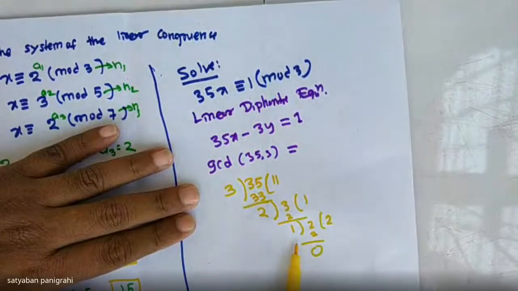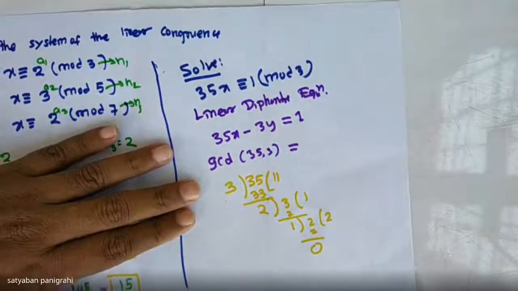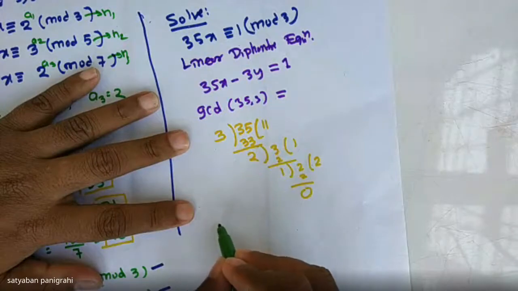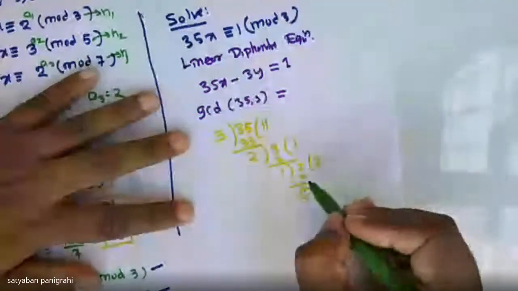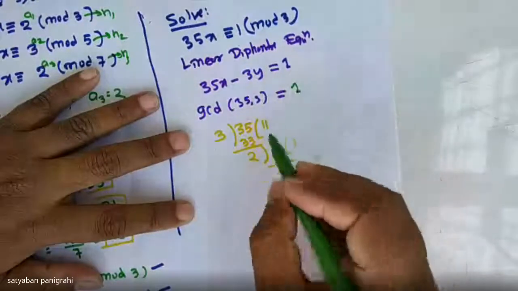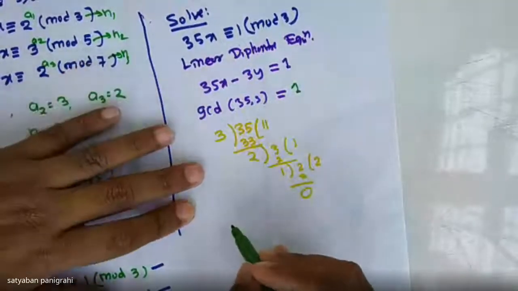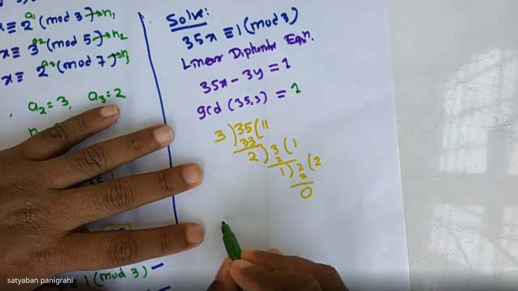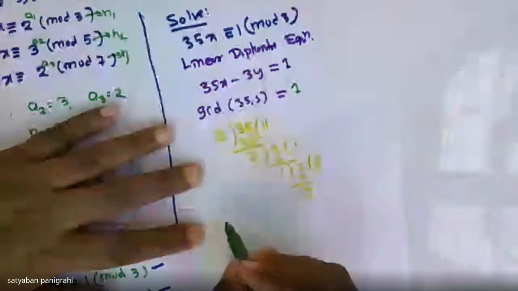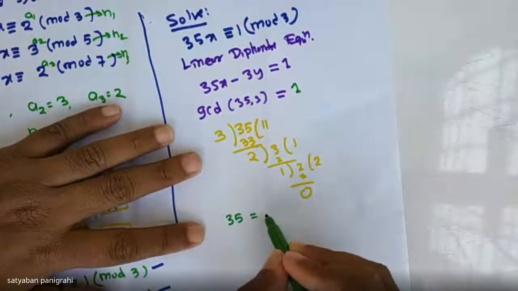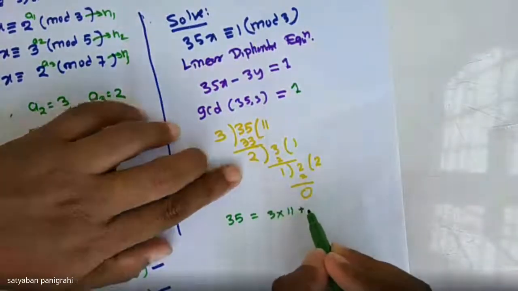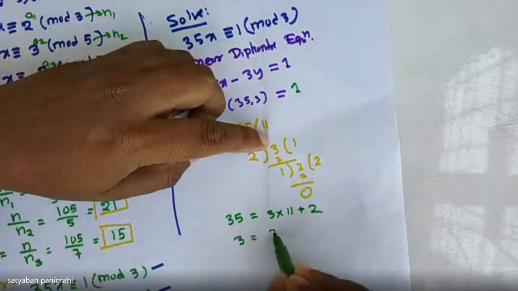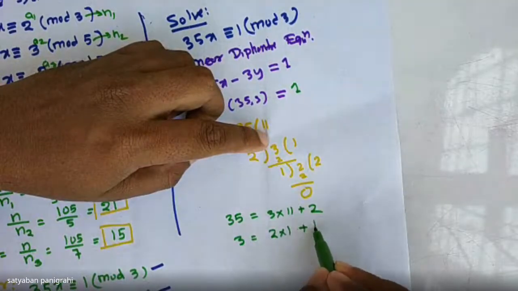1 is the remainder. That means next, what do you have to write? You have to represent this GCD in terms of 35 and 3. Already you have done this. So simply you can say 35 equals 3 into 11 plus 2. Now 3 equals 2 into 1 plus 1.